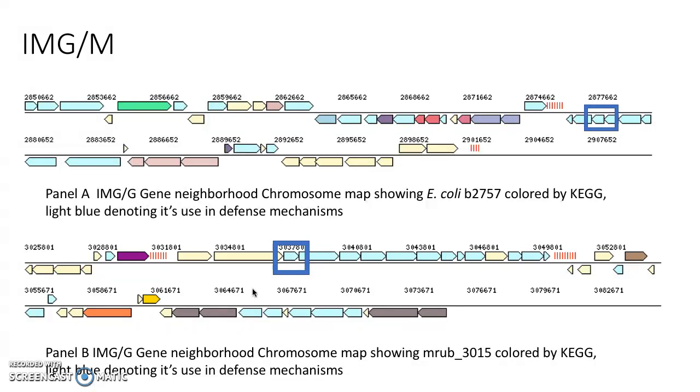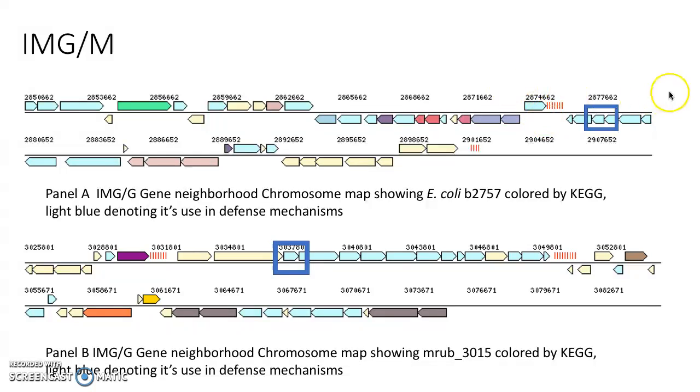This is the MGM neighborhood chromosome map showing for E. coli. We'll start with the top. This light blue coloring that we're going to focus on denotes that it is part of an immunological response in defense mechanisms.